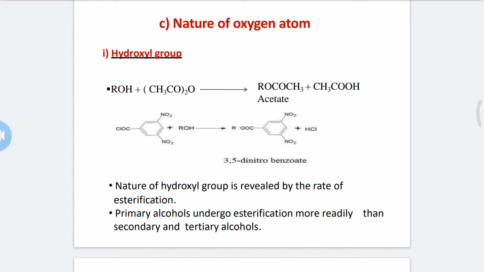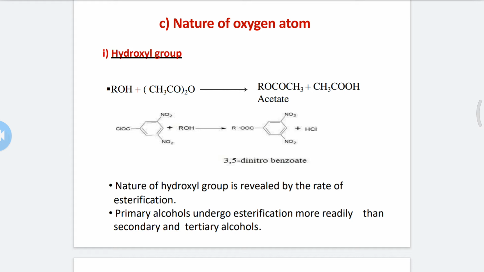The nature of hydroxy groups is revealed by the rate of esterification. Primary alcohols undergo esterification more easily than secondary and tertiary alcohols.